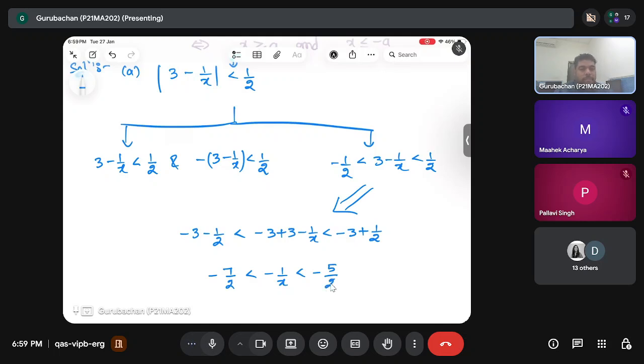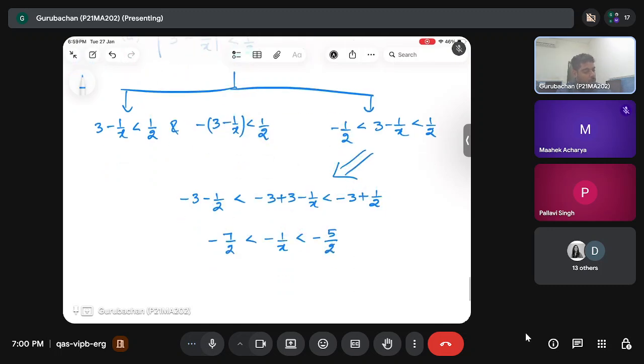Is it correct? Next, what can you do? All are negative signs, so we can multiply and cancel them. Yes, sir. So you will multiply with minus 1. 7 by 2.